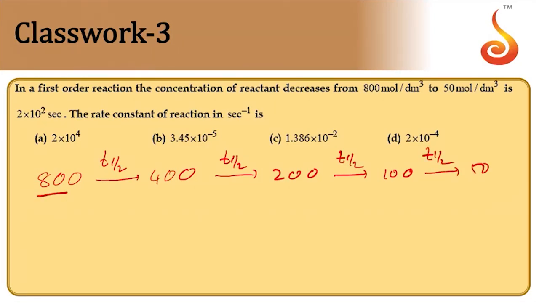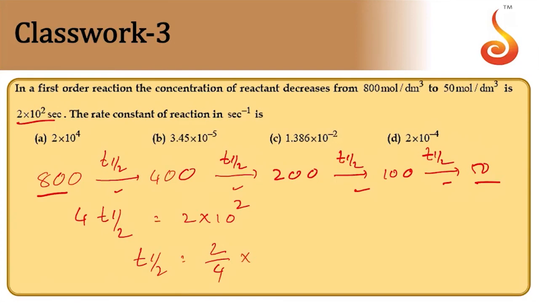So for 800 to become 50, we have altogether 4 half-lives: 1, 2, 3, 4. Time is given as 2 into 10 to the power of 2 seconds. We require each half-life, so each half-life is equal to 2 by 4 into 10 to the power of 2.